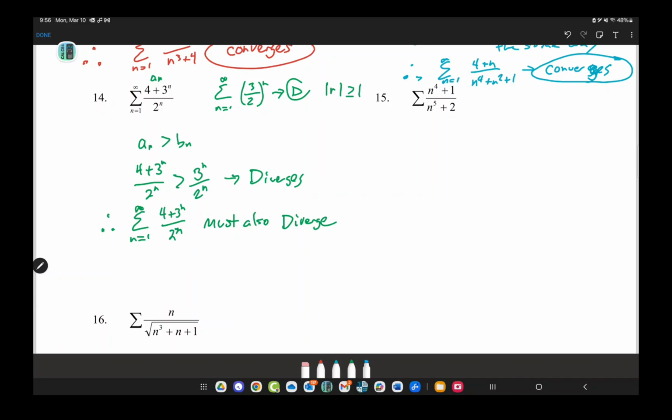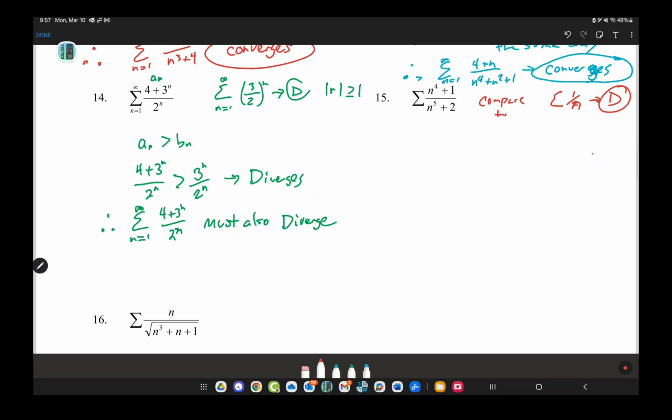I'm going to say 1 over n. Now 1 over n is the common harmonic series, and the harmonic series diverges. So we're going to compare to the sum of 1 over n, which we know diverges.